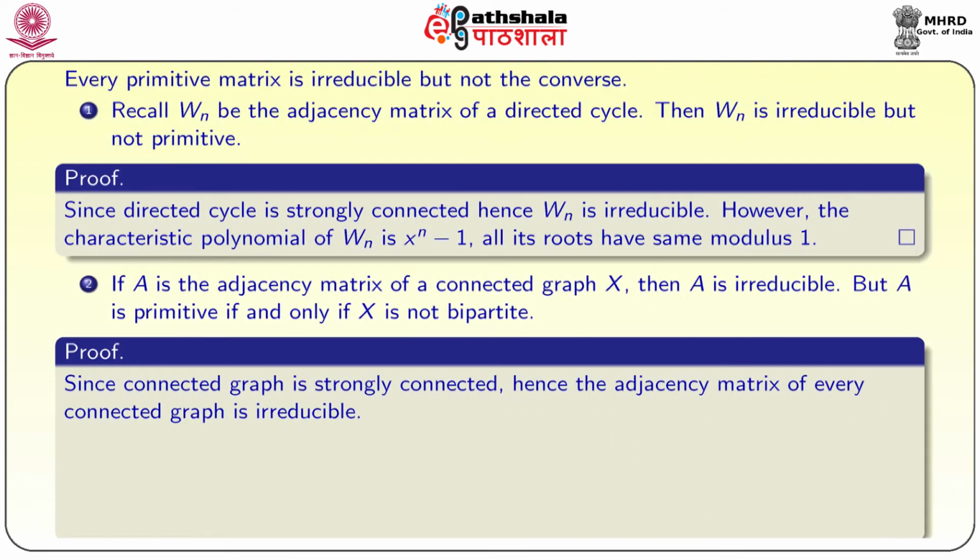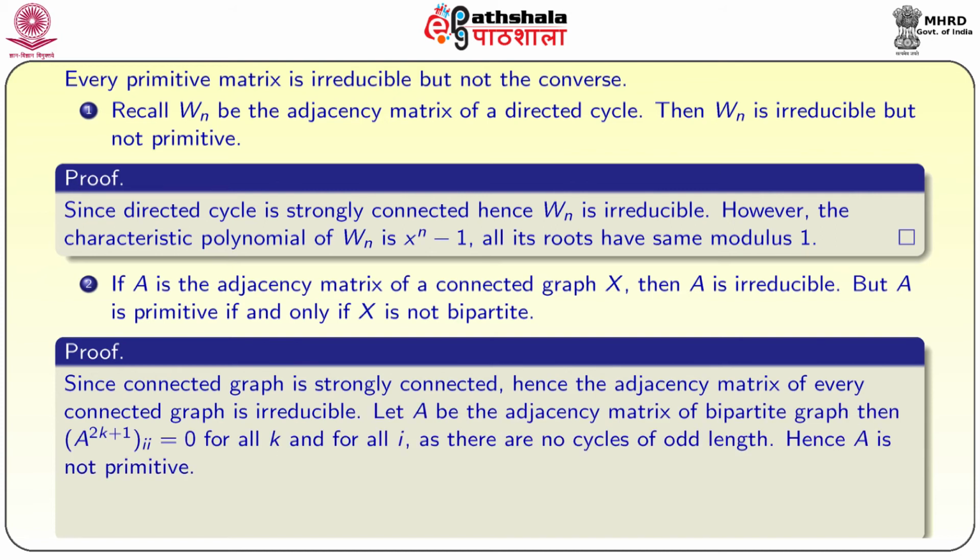The proof is easy. Since X is a connected graph, it is automatically strongly connected. Hence, the adjacency matrix of every connected graph is irreducible. Let A be the adjacency matrix of a bipartite graph, then A power 2k plus 1 has zero diagonal entries, that means the ith entry of A power 2k plus 1 is equal to 0, as there are no cycles of odd length.